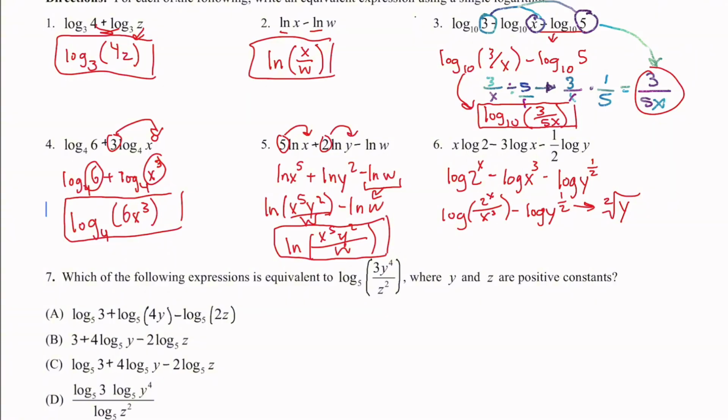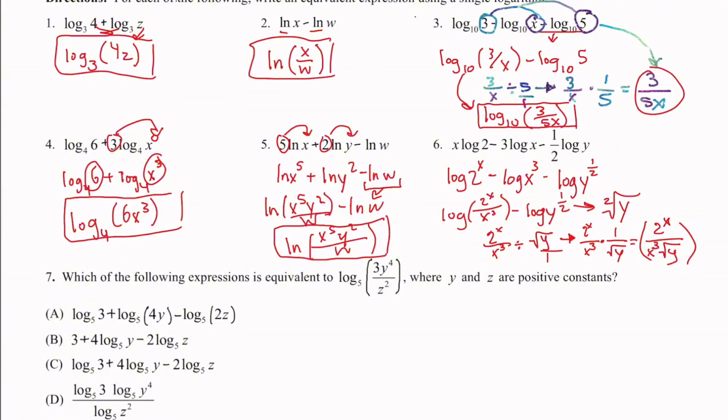So we're just dividing 2x over x cubed by the square root of y, which we can change to this multiplied by, because we add a 1 on here, 1 over the square root of y. So that's going to give us 2x on the top and x cubed times the square root of y at the bottom.